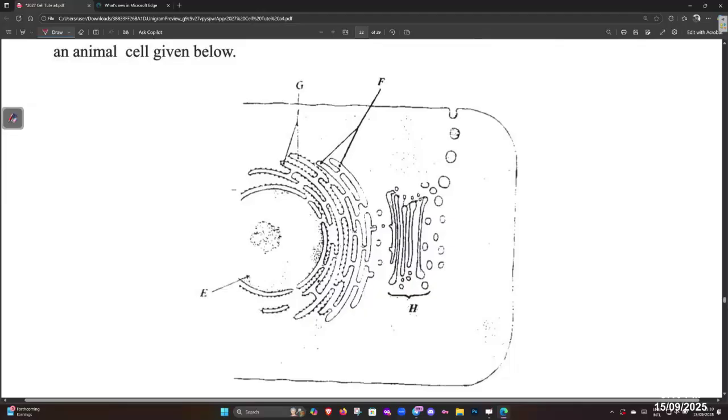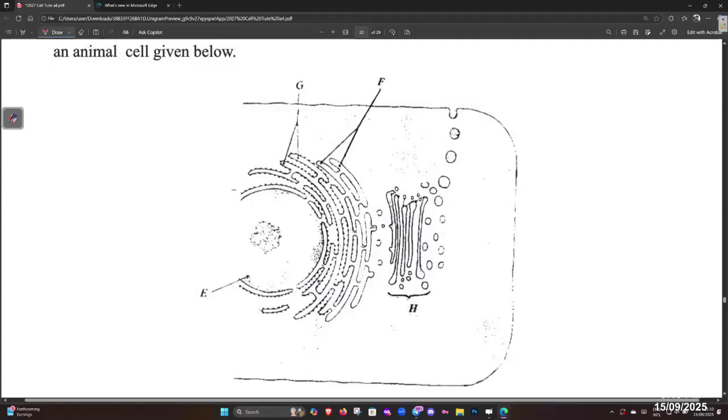What is this G? Can somebody tell me what G is? I don't need them in order, but can someone say what G is? You can see it's like a sugar bun, a lot of tiny dots are there. What is that? That's RER.